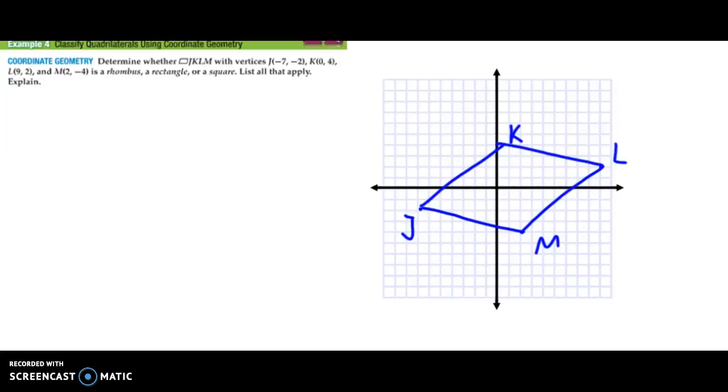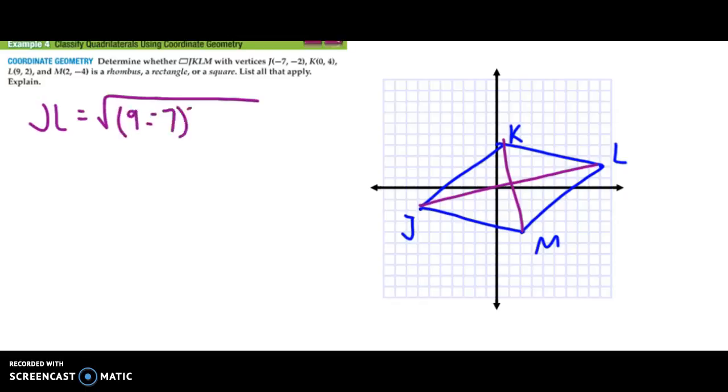So the first thing I'm going to check is the diagonals. Remember, when we have a square, the diagonals are going to be the same length. Now we can look at the picture and probably say they're probably not the same length, but let's check them anyway. Okay, so the distance formula from J to L is x2 minus x1. So that would be 9 minus -7 squared plus y2 minus y1 squared.